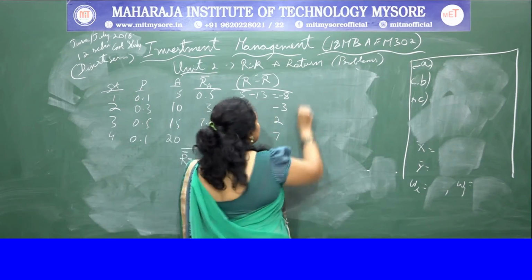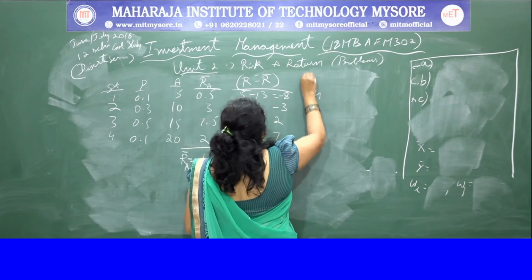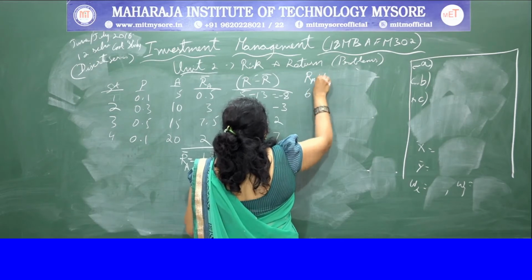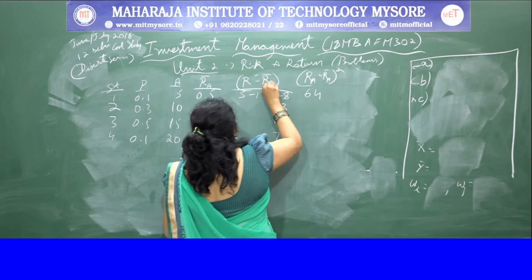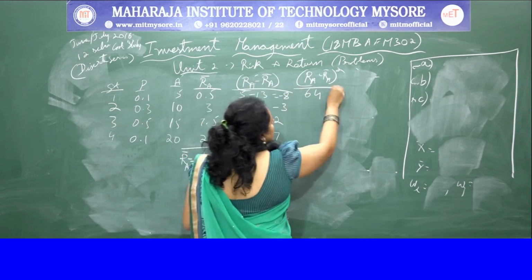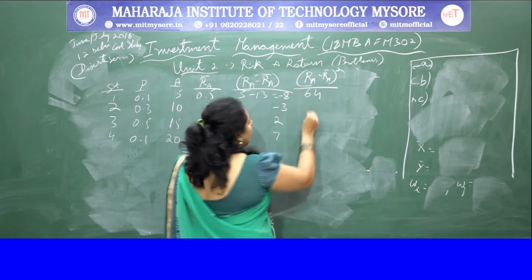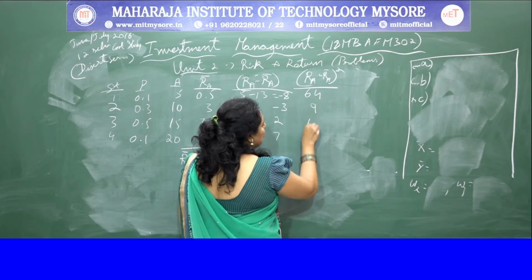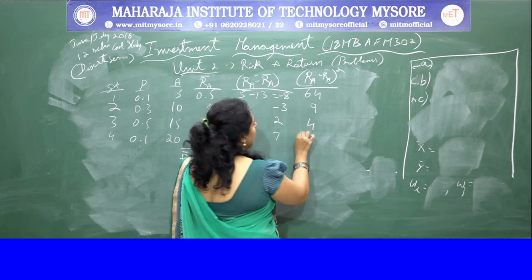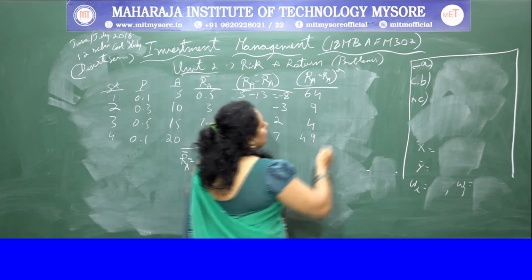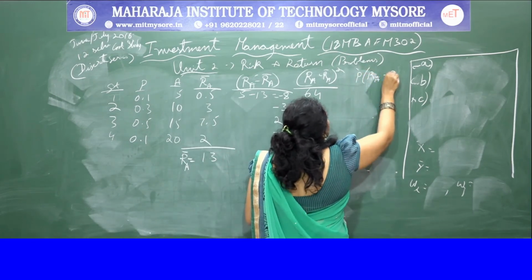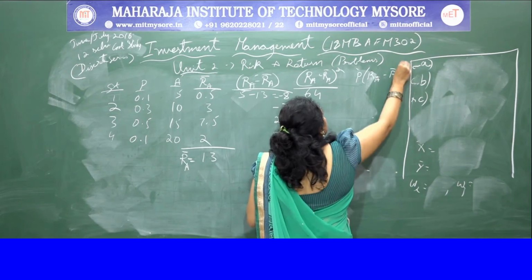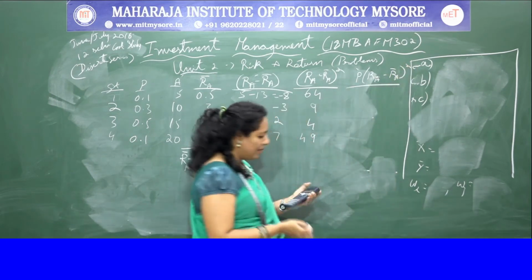So, 8 into 8, 64. We'll write RA minus RA bar square. Okay, we'll write this. 3 into 3, you get 9. 2 into 2, 4. 7 7s are 49. So, we'll multiply this with the probability. This is an important step which you forget normally.